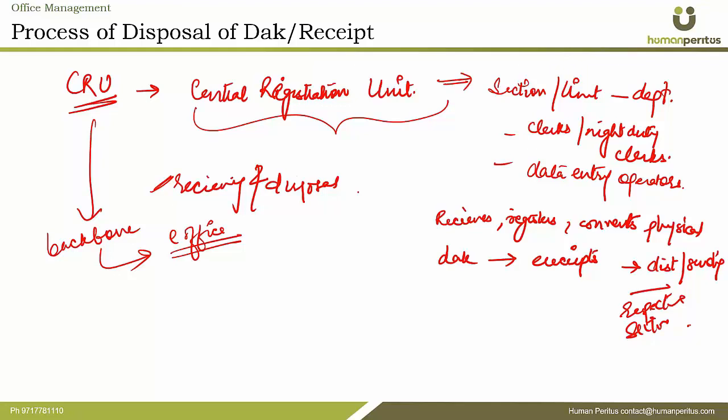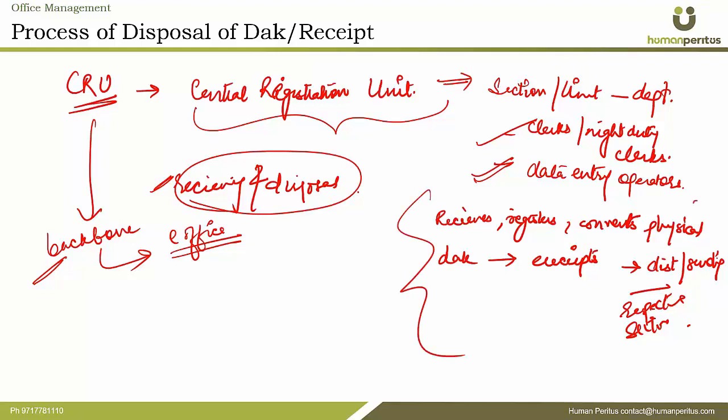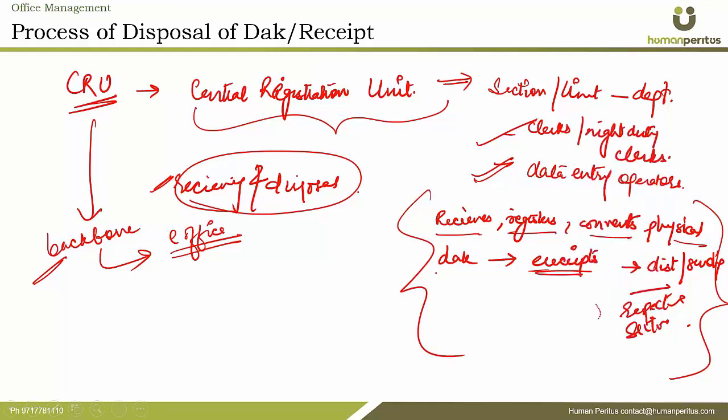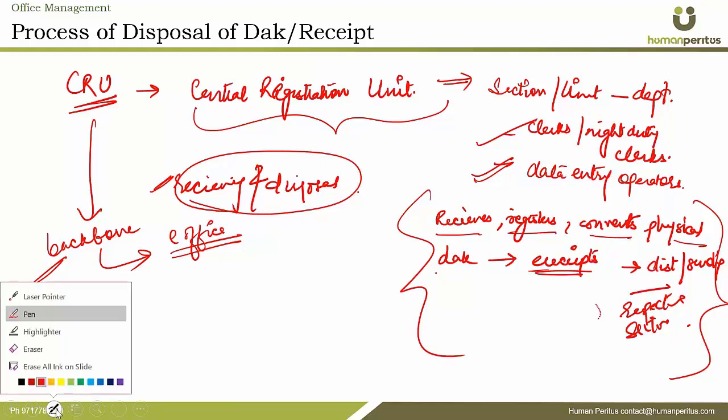So CRU is a section or a unit in a department comprising functionaries like clerks and data entry operators. What it does is receiving and disposal of the dak. It is basically a backbone for the e-office. In detail, it receives, registers, converts physical dak into e-receipts, and then final distribution and sending into the respective sections is done.